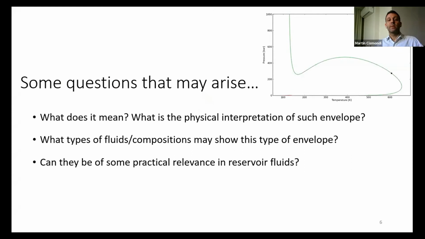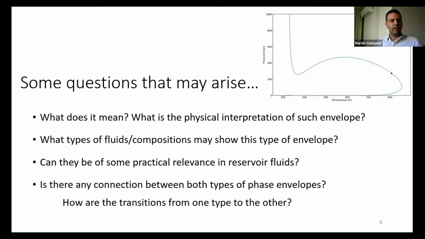Can they be of some practical relevance in reservoir fluids, for example? Also in other types of applications, but I'm more concerned with reservoir fluids, so my examples will be especially related to that subject. And finally, is there any connection between both types of phase envelopes?